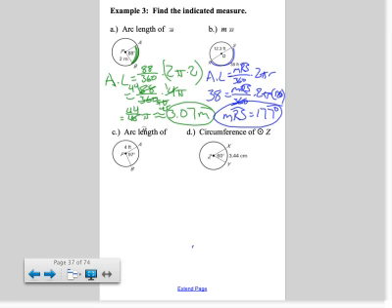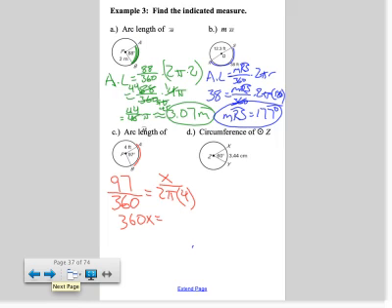As I look down here at part C, find the arc length of AB. So here's AB. We'll set this one up a different way. We have the measure of the arc, so 97 over the entire circle, 360, equals arc length, that's what we're trying to find, over circumference. Then you cross multiply and solve, so you get 360x equals 97 times 8 pi.